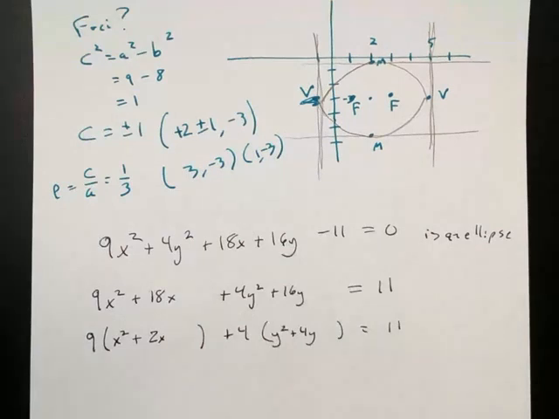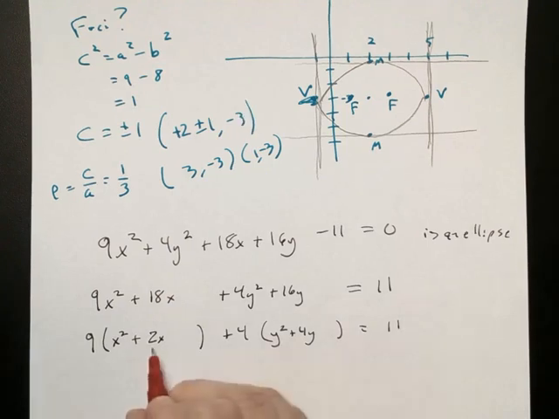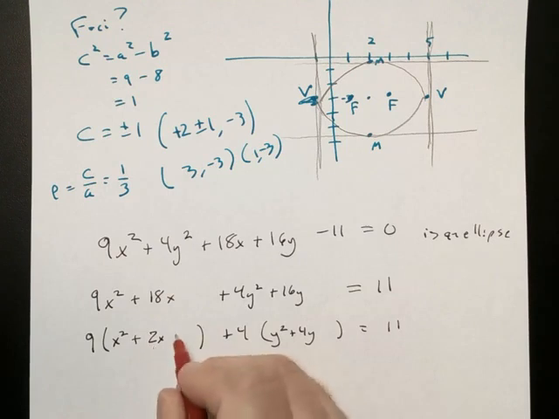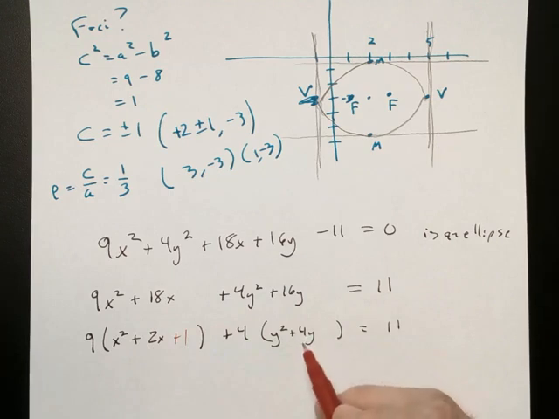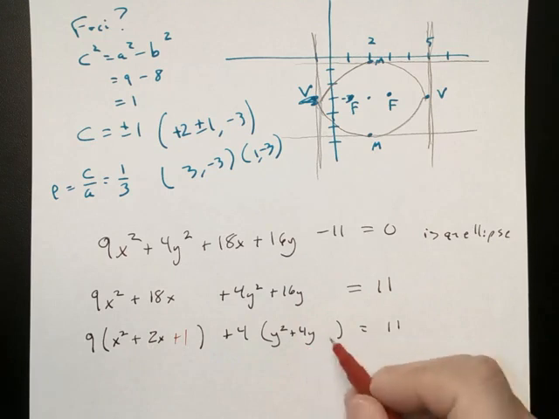And now I can do the completing the square just like I did before. I take half the middle number. What's half the middle number? Square that. Add that here. I take half the middle number. What's half the middle number? Square that. Add that here.